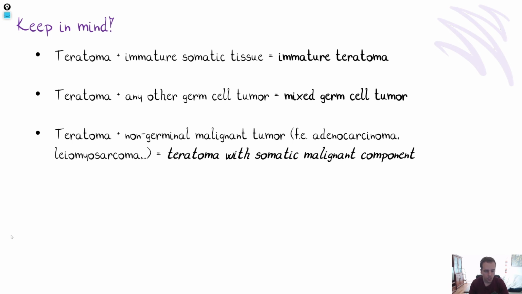Keep in mind one thing. The problem with teratomas is their classification, because especially the nomenclature of the teratomas can be very misleading. So I will try to recapitulate it. Teratoma in which all the tissues are fully differentiated and they resemble their non-neoplastic counterparts, this is called mature teratoma.